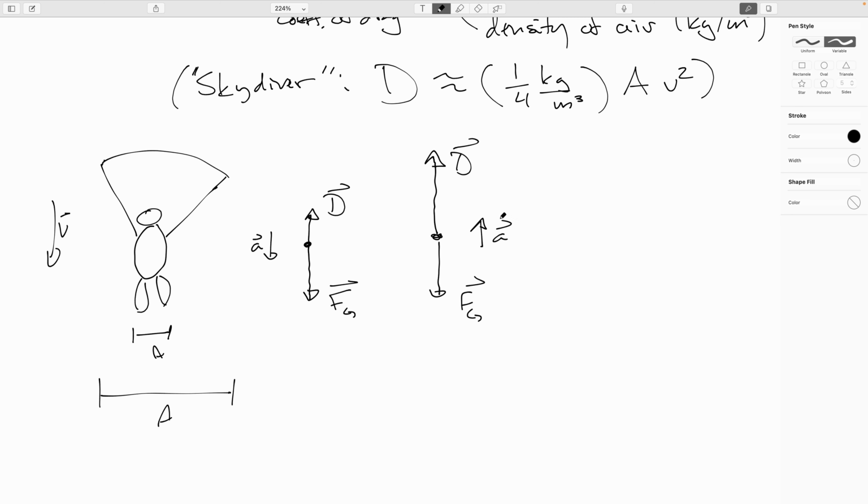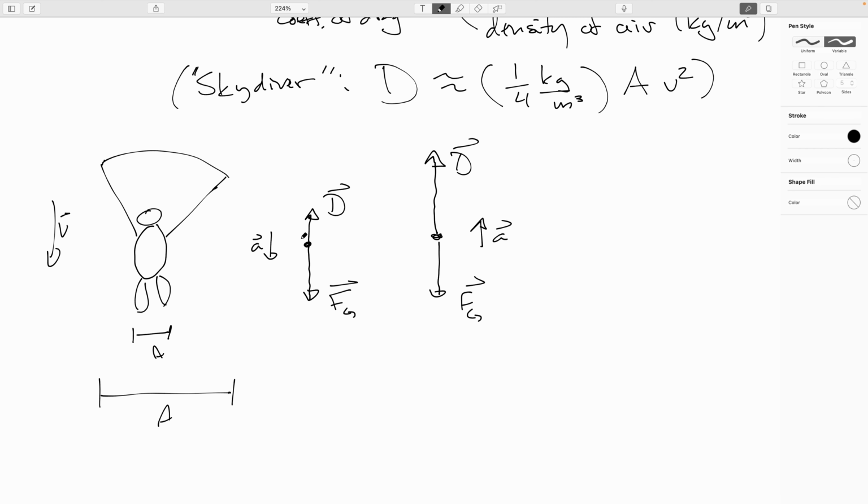And so you could have a situation where the skydiver is accelerating upward. Either way, if we accelerate downward, we'll pick up speed. But as we pick up speed, the drag force will increase, which will decrease the amount of acceleration, but you'll still be picking up speed, just more slowly.